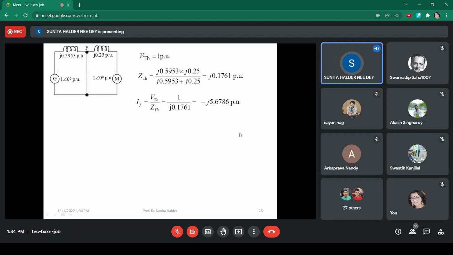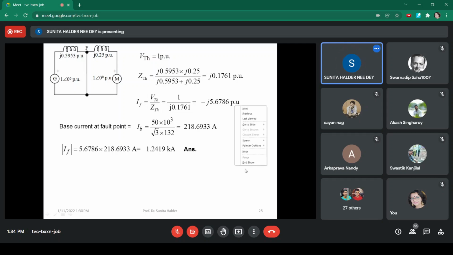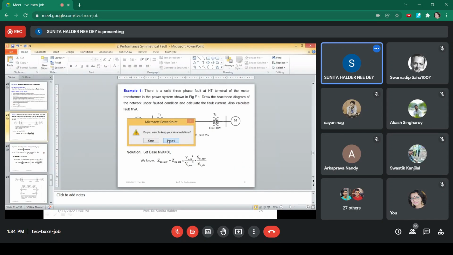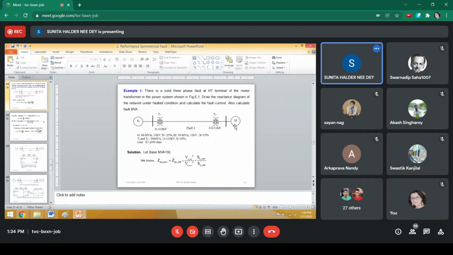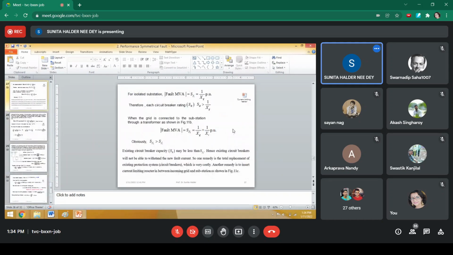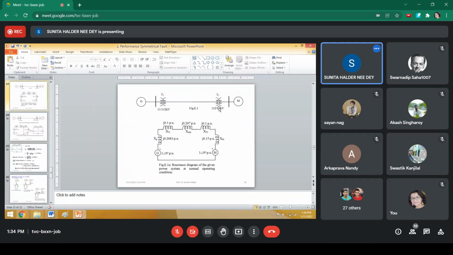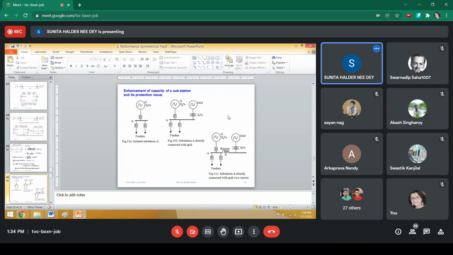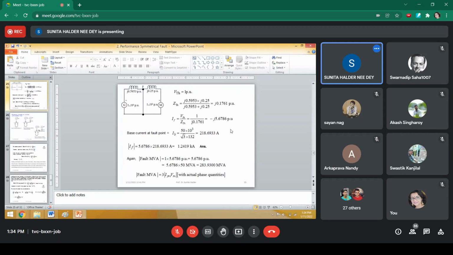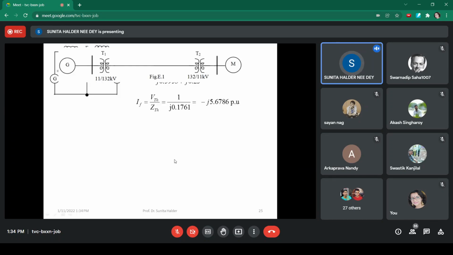Now, an important thing is that we have to convert the fault current into the actual value. Now you see, we have calculated the fault current.